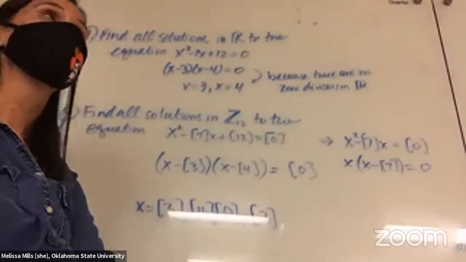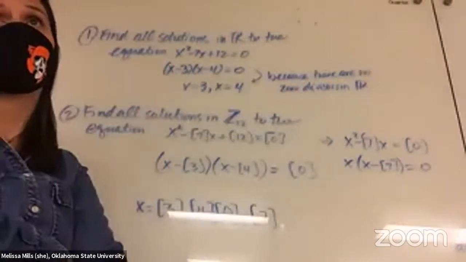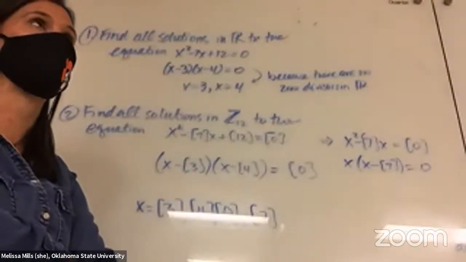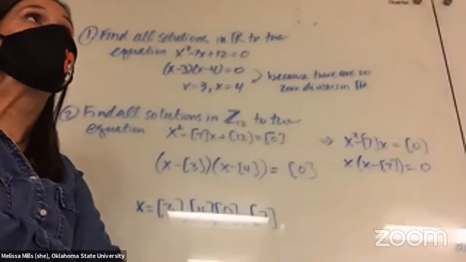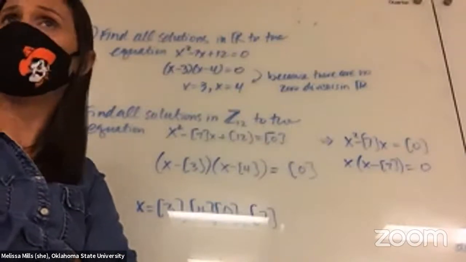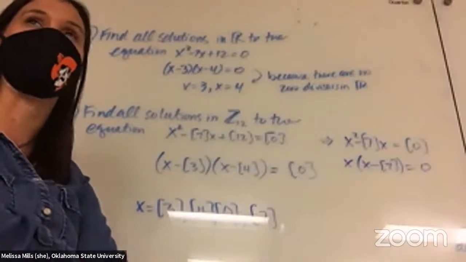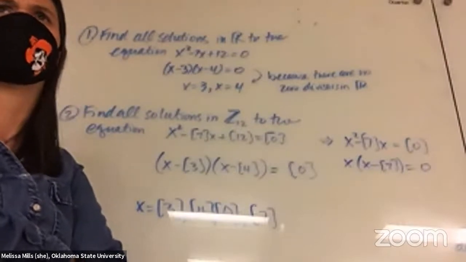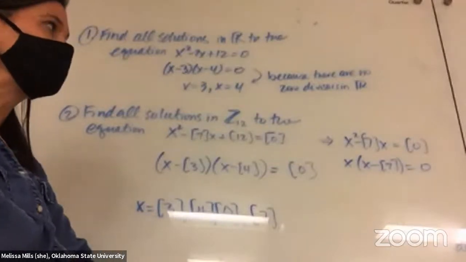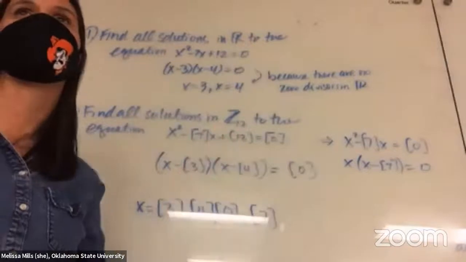Since it's a finite ring, you can just test them all. I'm not trying to say that you're not onto something, because maybe there's a way to prove it that way, but since it's finite, I say just try them all to be sure. You can't use the quadratic formula in the same way you can in R because of the zero divisors.